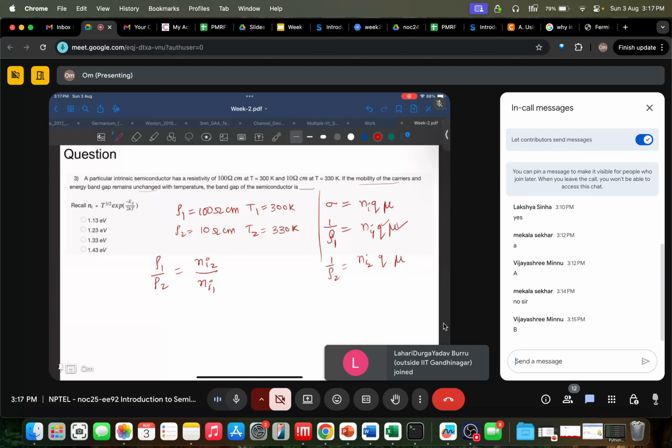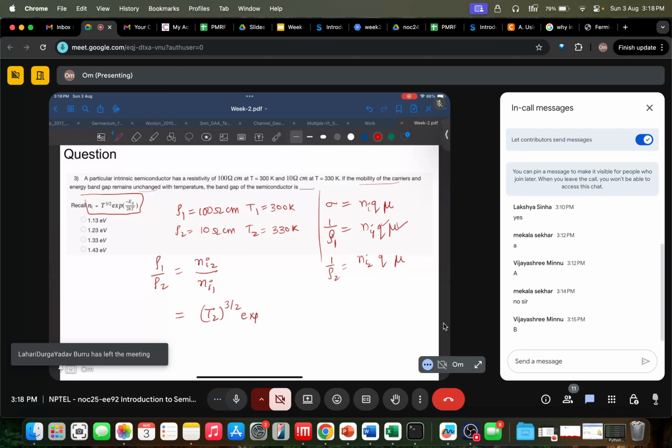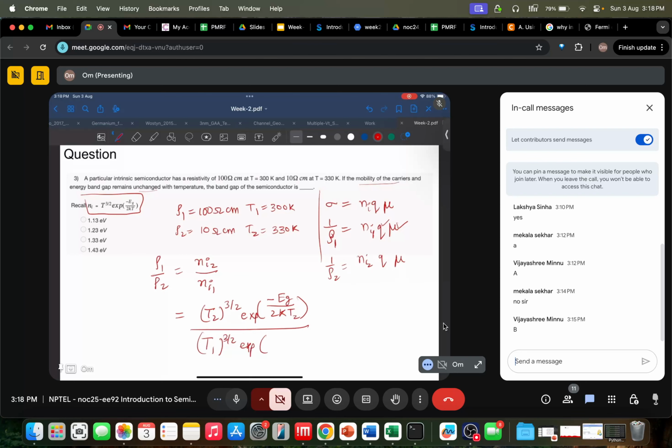Using this relation, we will replace ni with T2 to the power 3 by 2 exponential minus Eg by 2kT2 upon T1 to the power 3 by 2 exponential minus Eg by 2kT1, which equals rho 1 by rho 2.